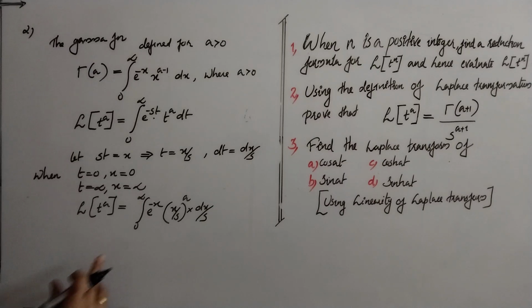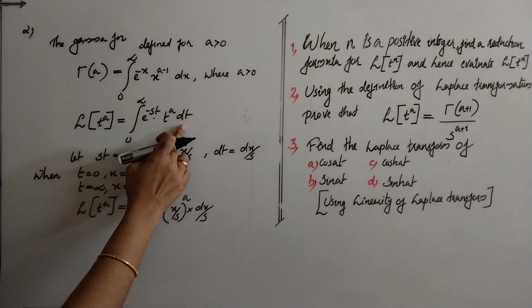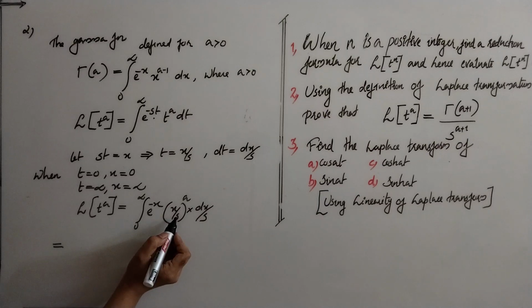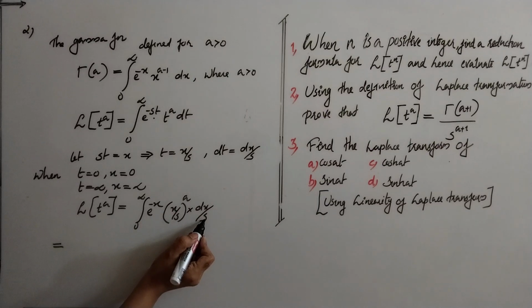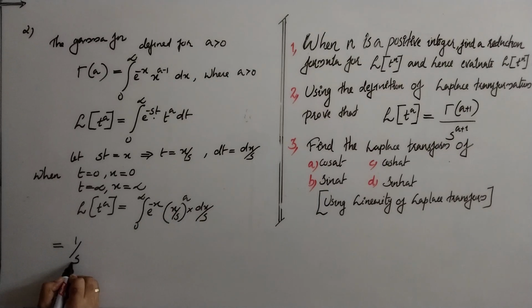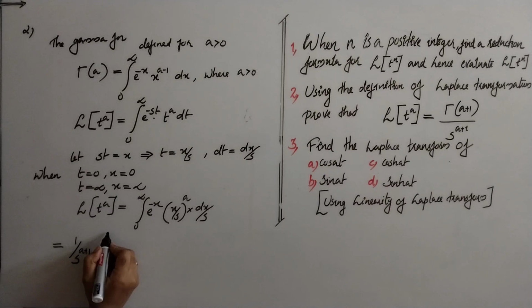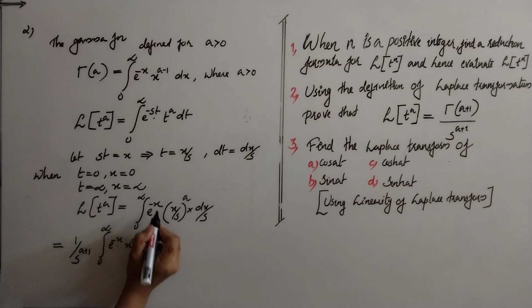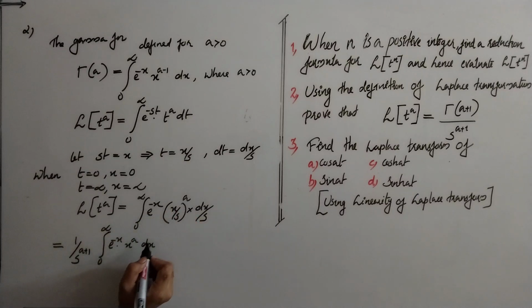Here I change the integration from dt to dx. So we get 1 by s raised to a, and one more s, so 1 by s raised to a plus 1, into integral 0 to infinity e raised to minus x into x raised to a into dx.